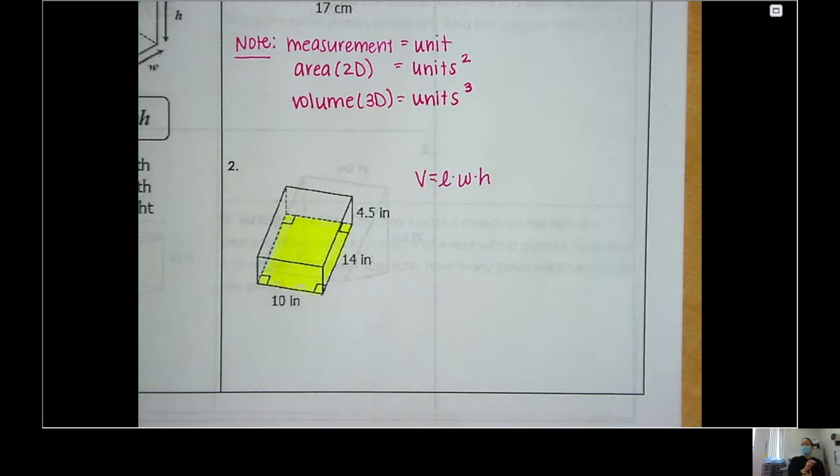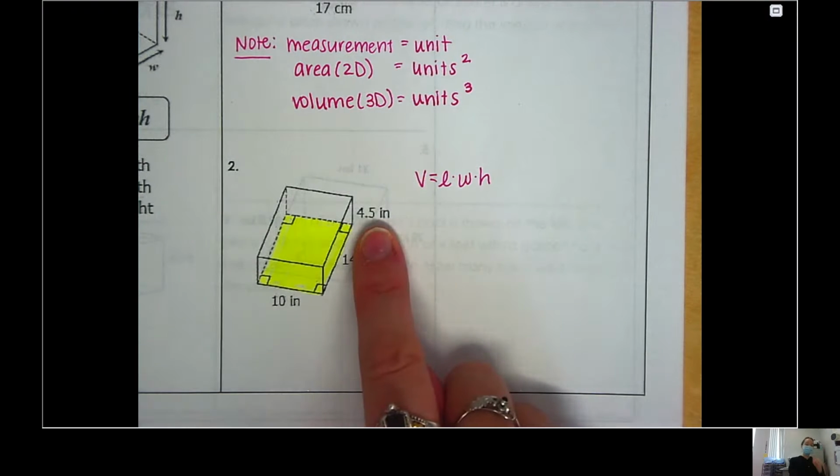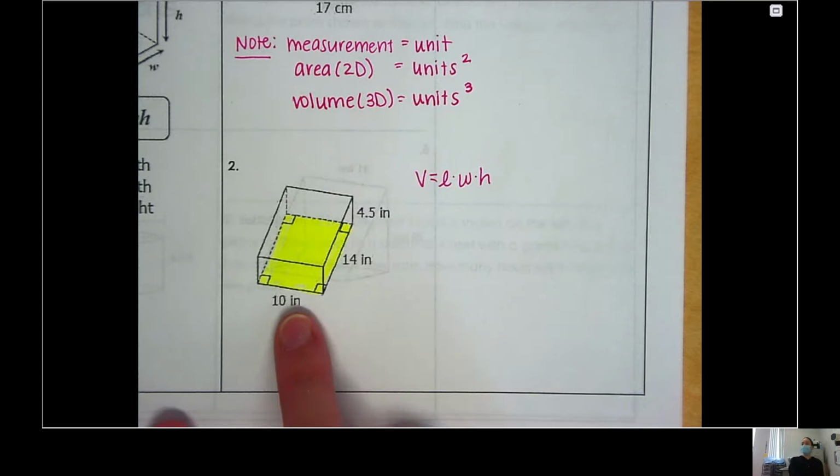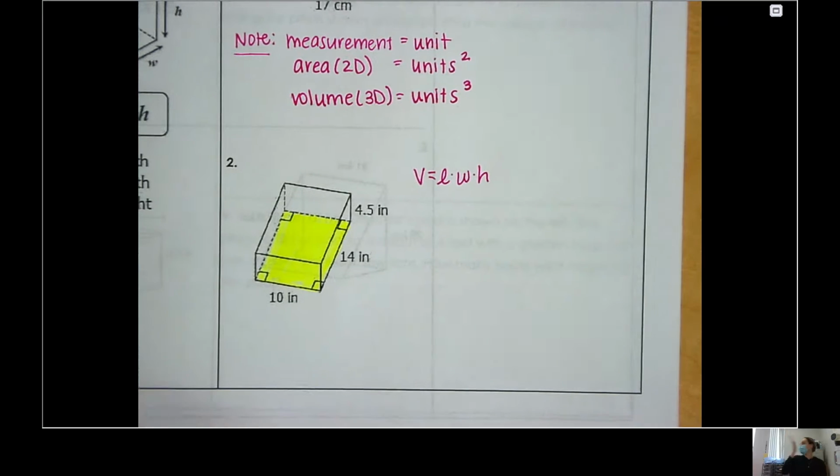And what'd you put for your height? 4.5. Now, Trey, you said 14 first. Okay. If you did 14 times 10 times 4.5, you would get 630. Did anybody put the 10 first? Yeah. What did you get, Bobo? 630. It does not matter which way you go, right? Because multiplication is the same forward as it is backwards.